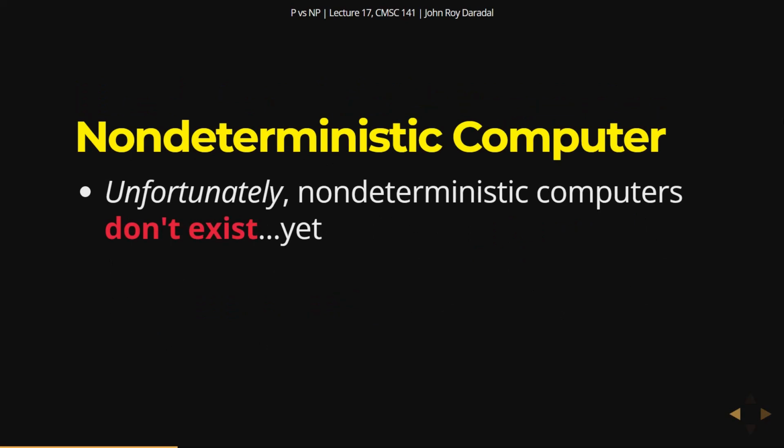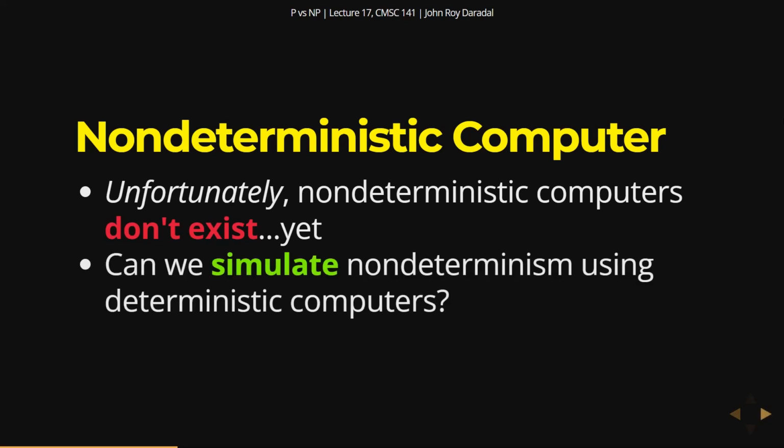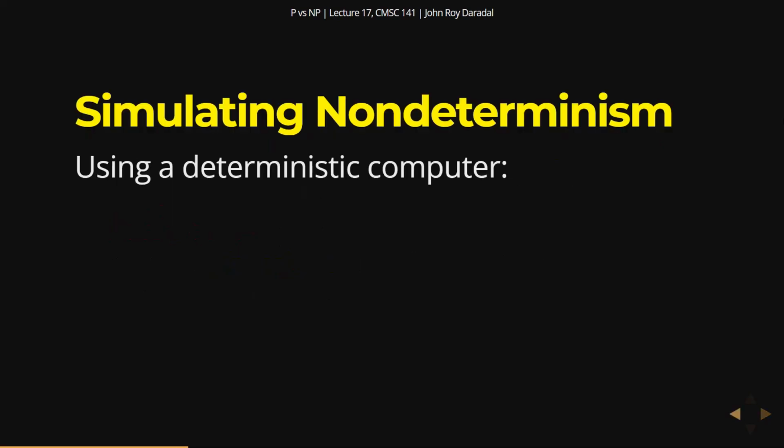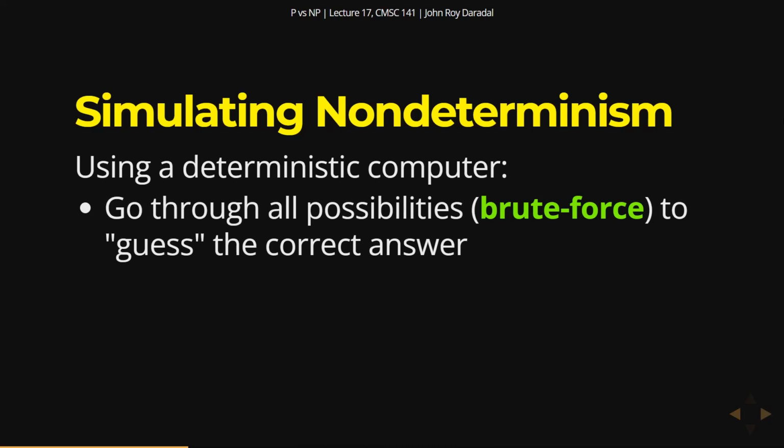Unfortunately, the bad news is, of course, non-deterministic computers don't exist yet. But can we try to simulate non-determinism using deterministic computers? Because so far, we have shown that our non-deterministic models could be simulated in deterministic computers, right? For us to be able to implement them. But if we simulate non-determinism using a deterministic computer, what would happen is you would have to go through all possibilities. So you have to brute force it to guess the correct answer.